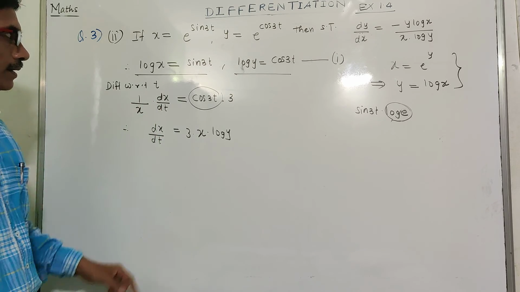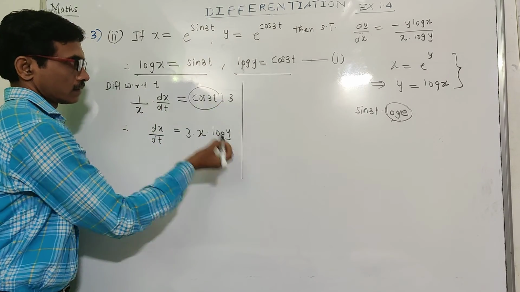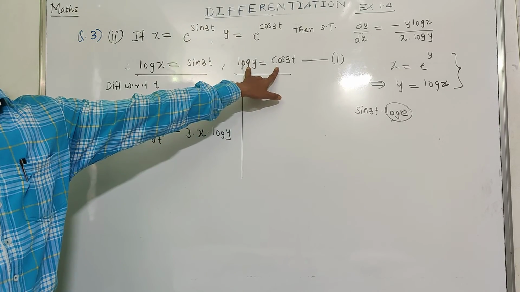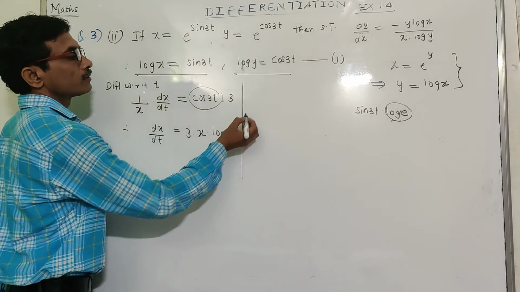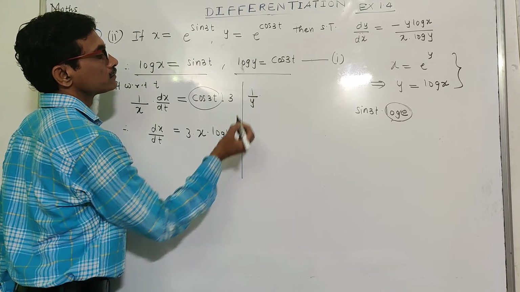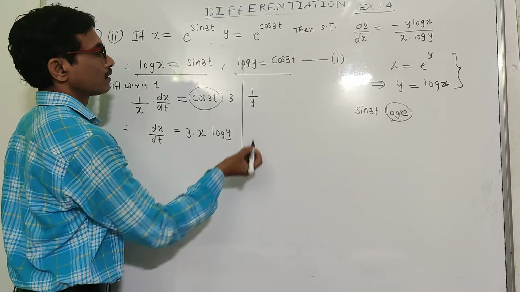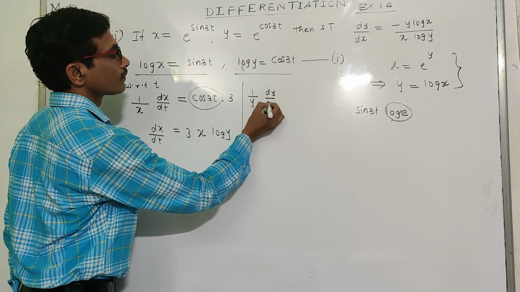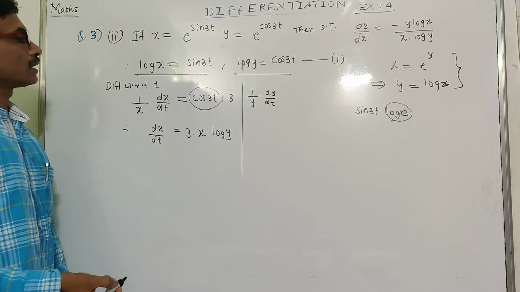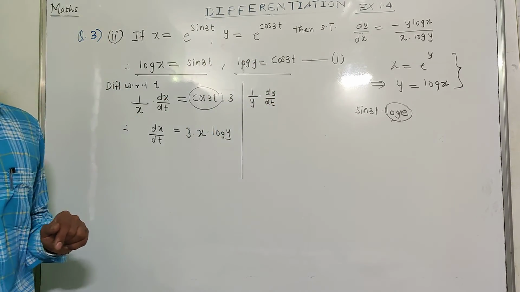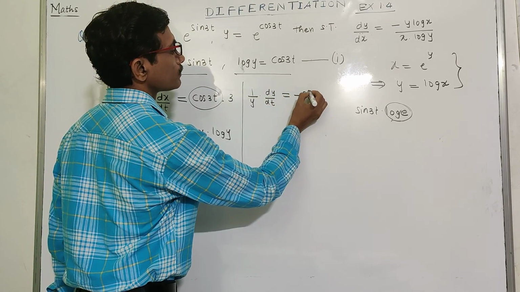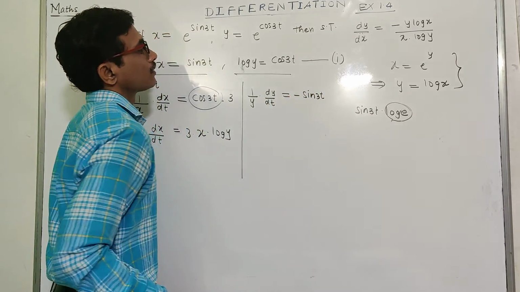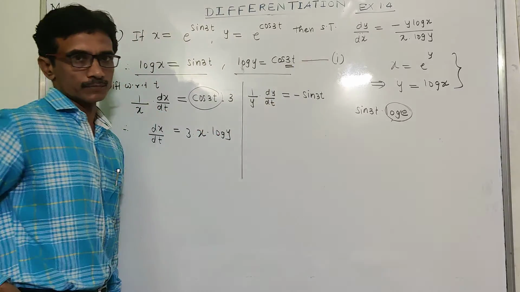Now we have to find dy by dt. We will differentiate again with respect to t. So log y gives 1 upon y into dy by dt. Then right hand side, the derivative of cos is minus sin of 3t, into the derivative of 3t, that is 3.